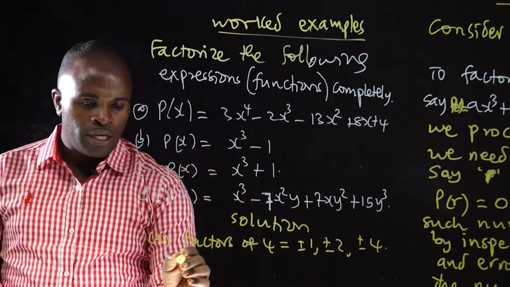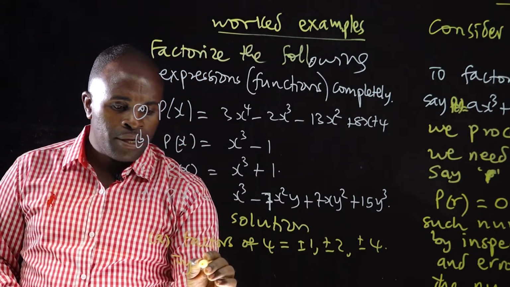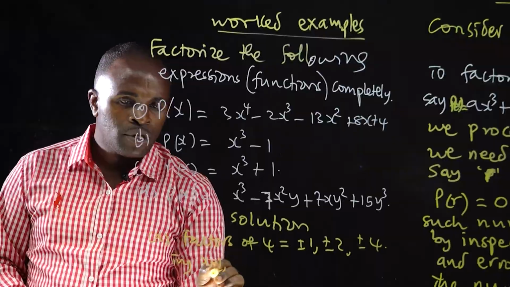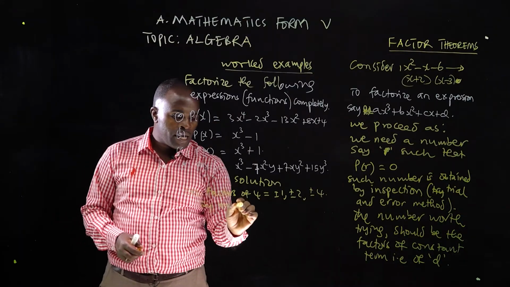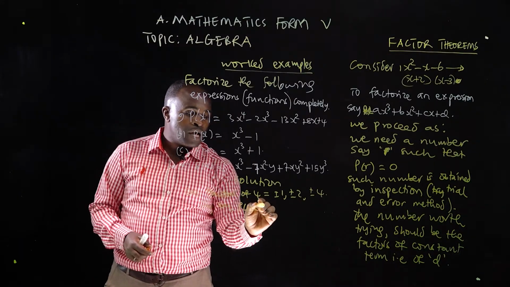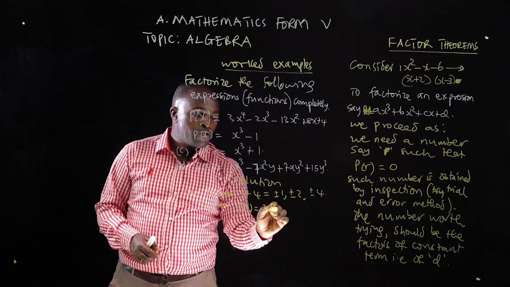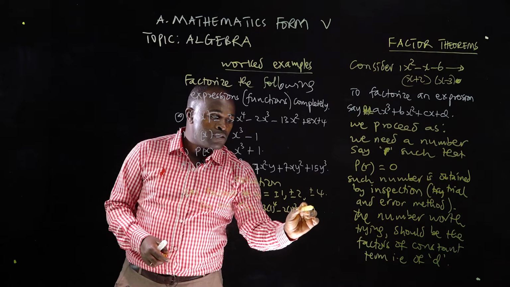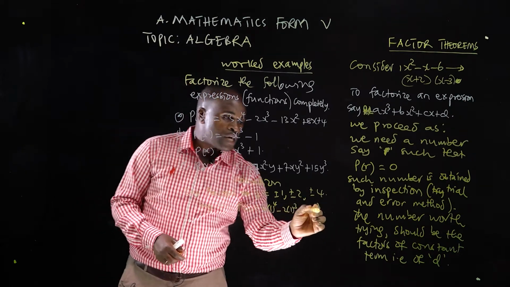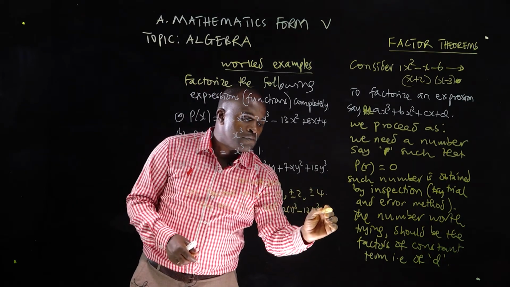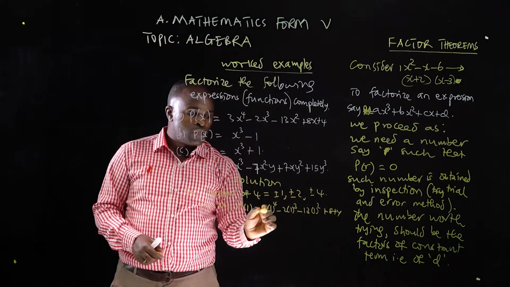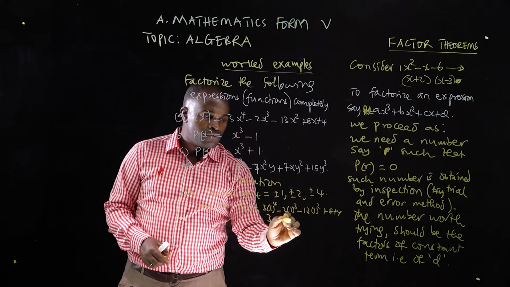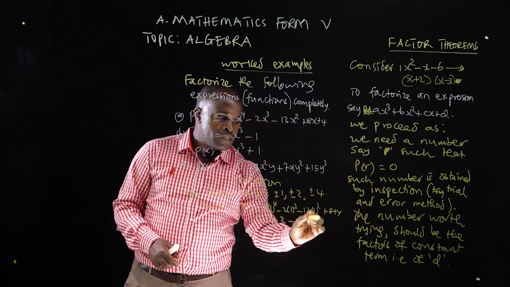We start. Try x equals 1. Putting p of 1 here: 3 times 1 power 4, minus 2 times 1 power 3, minus 13 times 1 square, plus 8 times 1, plus 4. So 3 minus 2 minus 13 plus 8 plus 4.